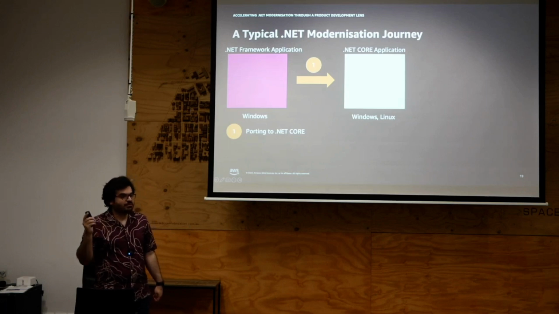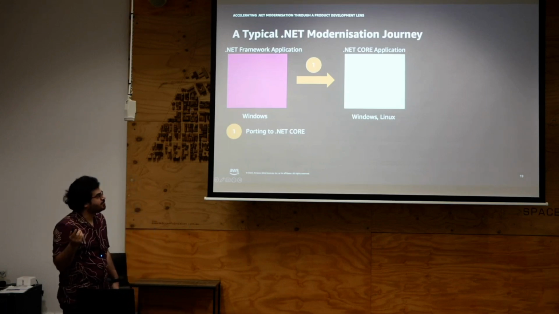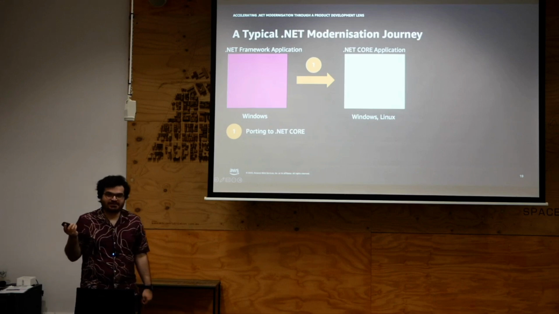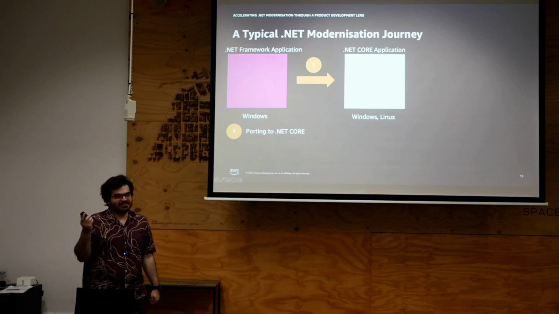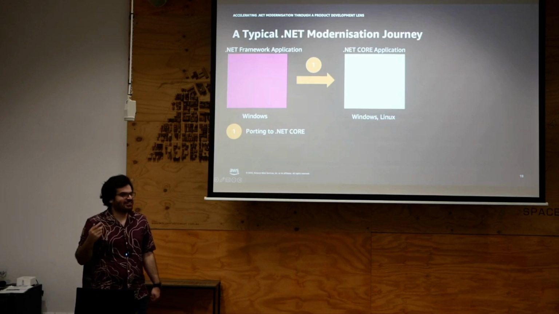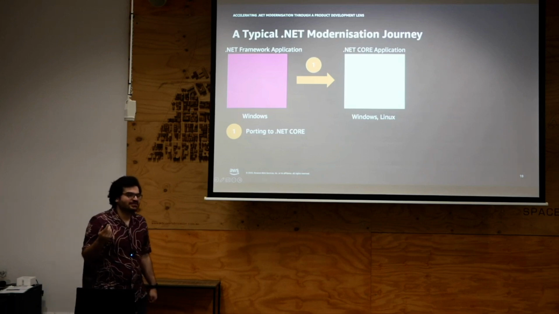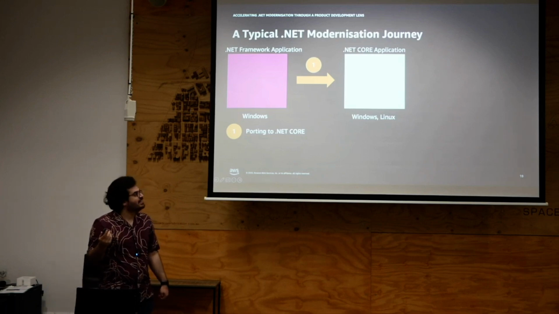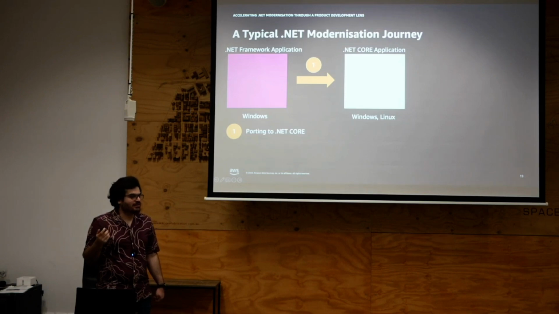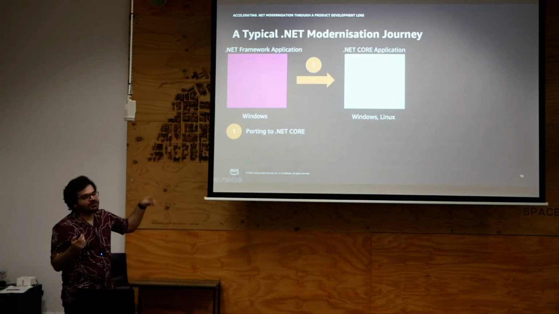The project that me and Varun are working off right now has 7 million lines of code. Can you imagine how many bugs 7 million lines of code would have? I don't even want to make a guess on that. It's about 1,300 endpoints or so. So it's quite a big code base to go from .NET Framework to .NET Core.